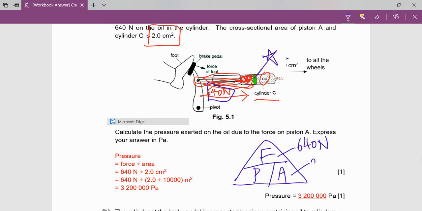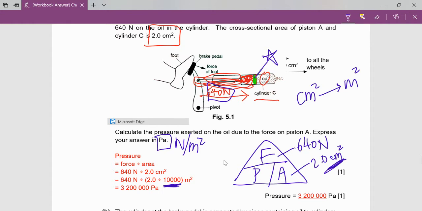And the surface area here, the star here, is 2.0 cm squared. Alright, but since you have to express your answer in Pascal, and we know that Pascal is Newton per meter square, we have to do an extra step here to convert cm square to meter square. So to convert cm square to meter square, I have to divide by 10,000.